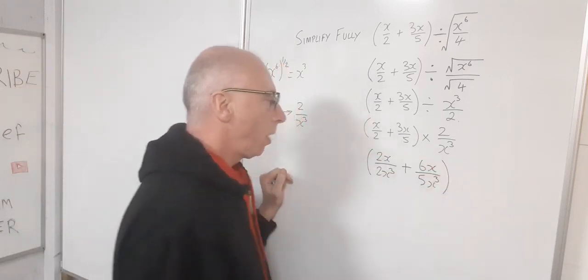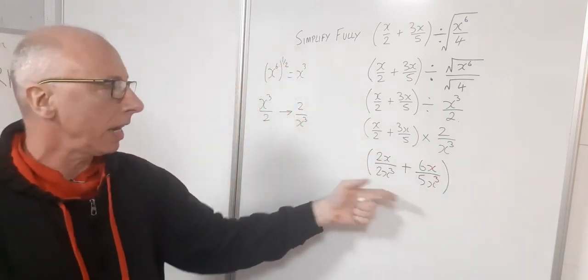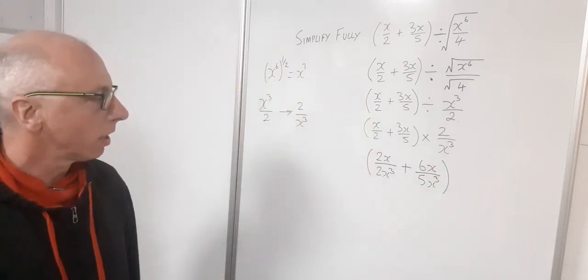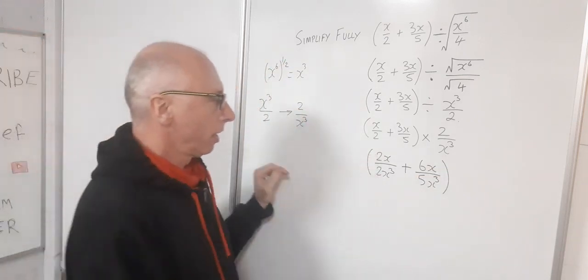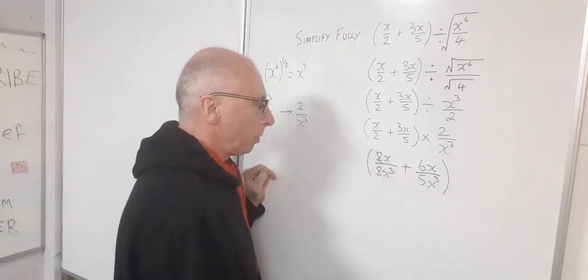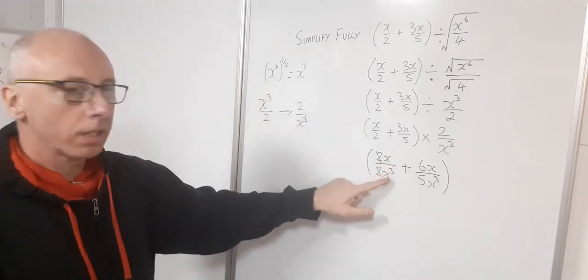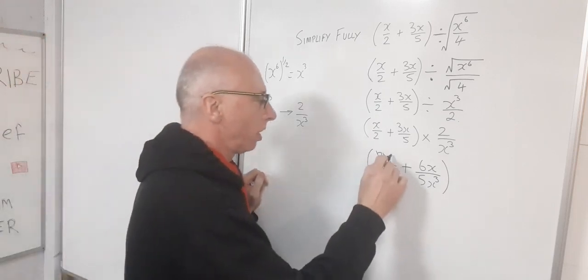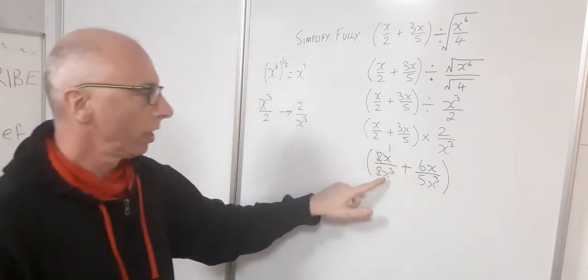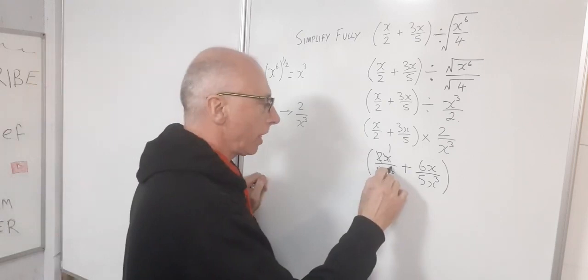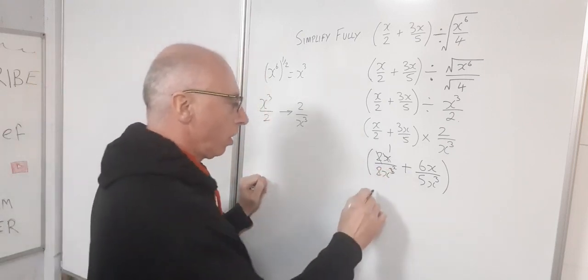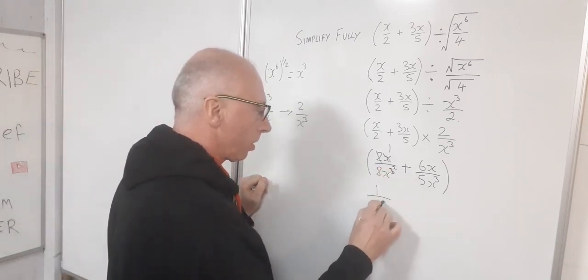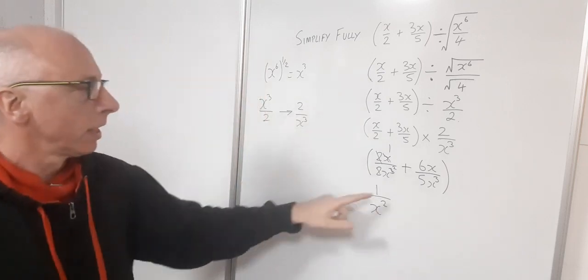Okay, now I can get rid of my bracket and simplify both terms. So what have we got here? The 2s can cancel out to become 1s. The x can divide with this x cubed, and I can just cancel that to be a 1. So the whole of this numerator becomes 1, and then that 3 becomes a 2. So now I've got 1 over x cubed, x squared, sorry.